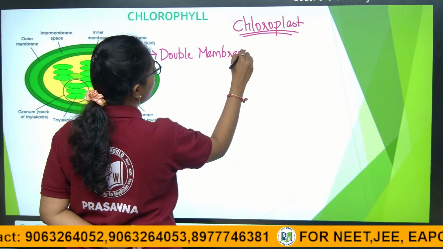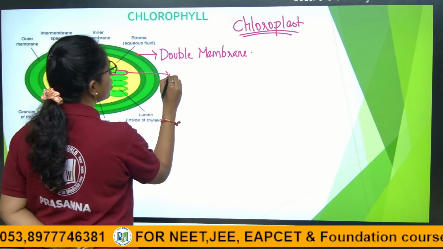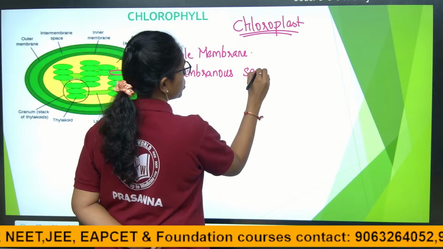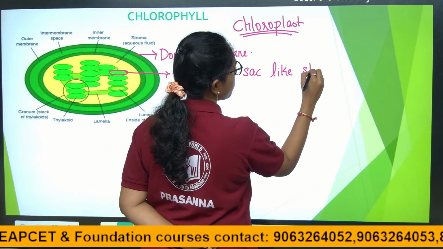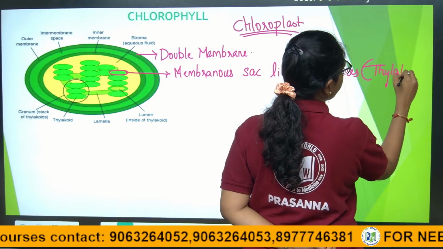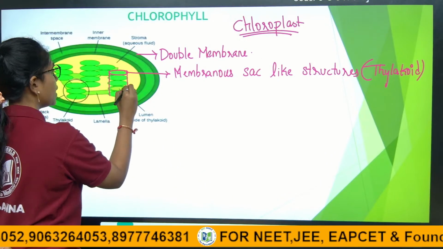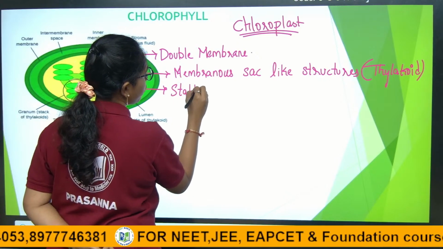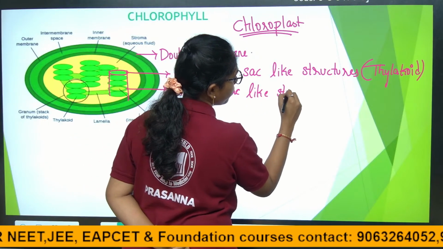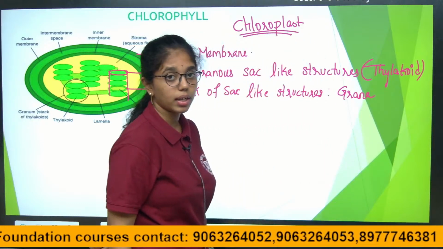Inside a chloroplast you will see membranous sac like structures called thylakoids. The stack of sac like structures is called grana.